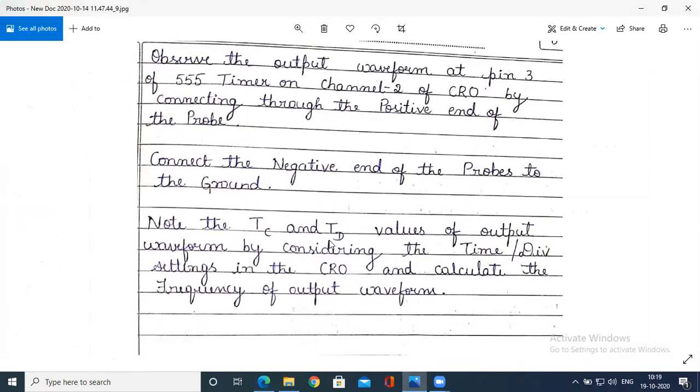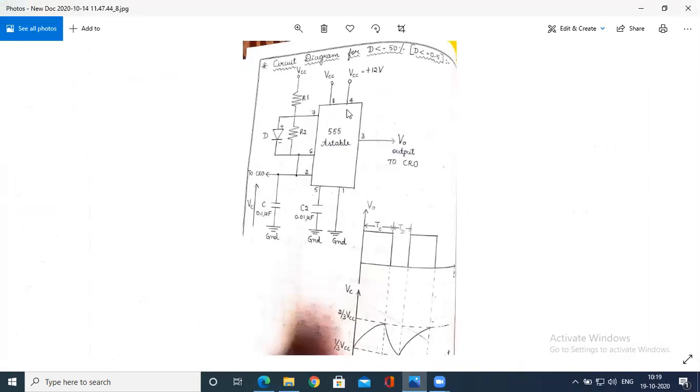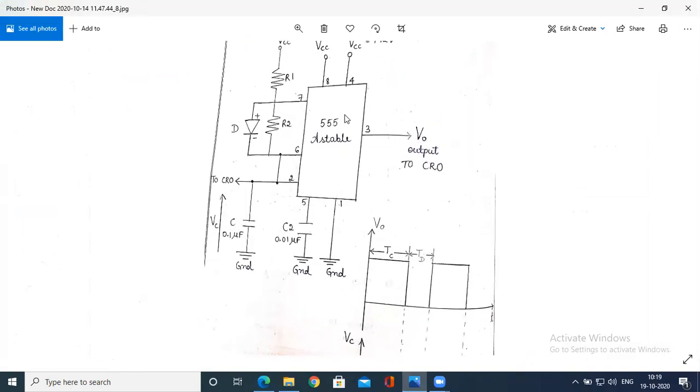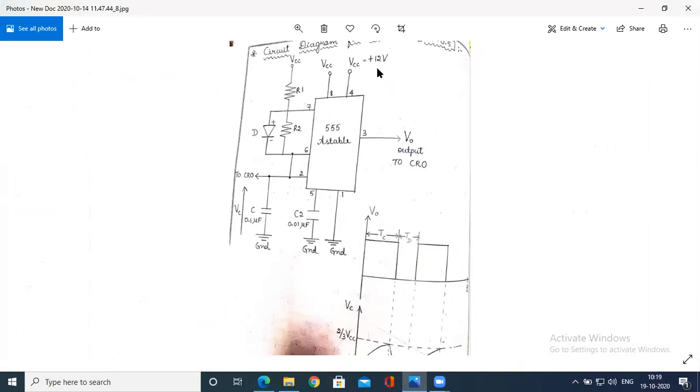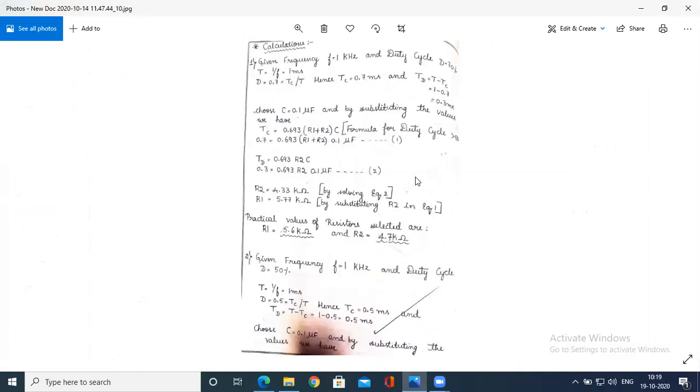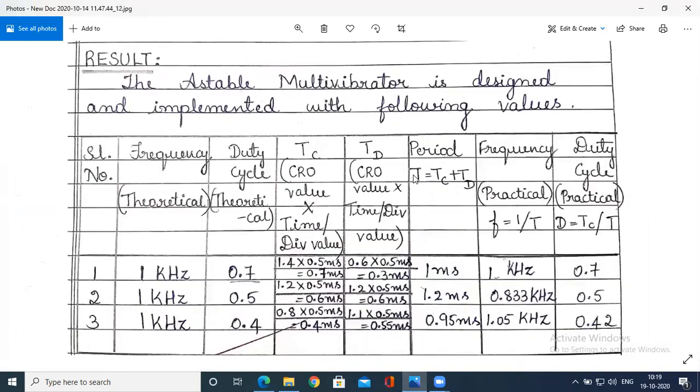Okay, so here is the same circuit diagram. This is for the second case, with the same calculations that we have done. See, frequency 1 kilohertz, duty cycle 0.7. These are the CRO reading values. When you come physically to the lab, you are going to do this.